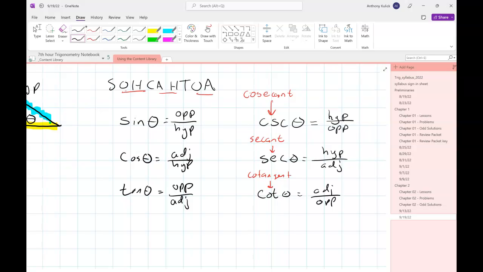And you're probably now thinking, oh, brother, Mr. Kulik, is that like 3 more things that I have to memorize? Yeah, it is, but it's not so bad. Let me explain. Did you notice a relationship between sine and cosecant? They're reciprocals. Yep, exactly. How about between cosine and secant? Reciprocals.